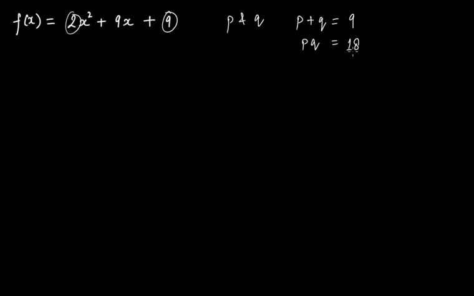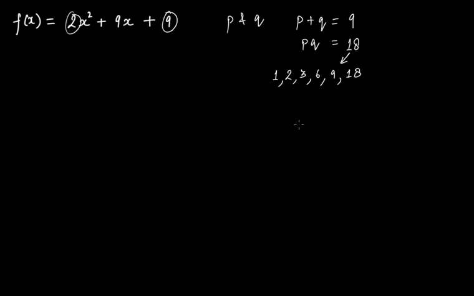Write all the factors of 18. So factors of 18 are 1, 2, 3, 6, 9, and finally 18. So these are the factors of this number 18.